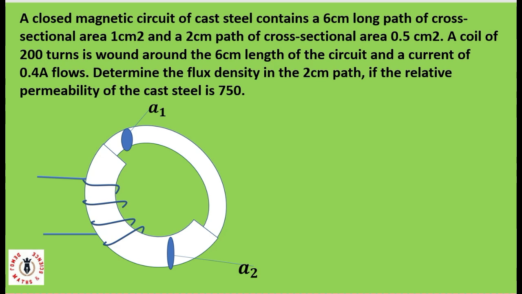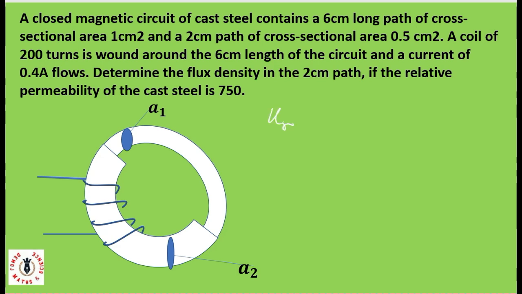A coil of 200 turns is wound around the 6 cm length of the circuit and a current of 0.4 amps flows through it. Determine the flux density in the 2 cm part if the relative permeability of the cast steel is 750. Let's take the given parameters from this circuit.